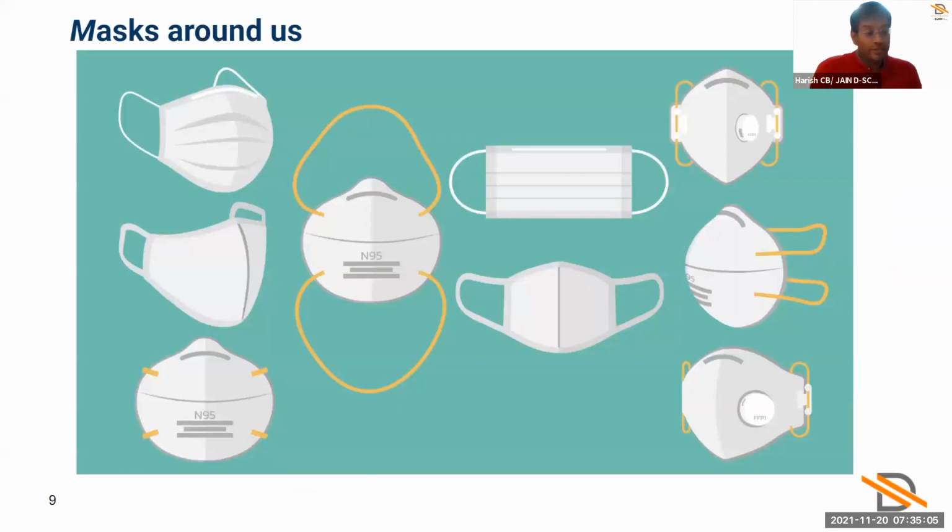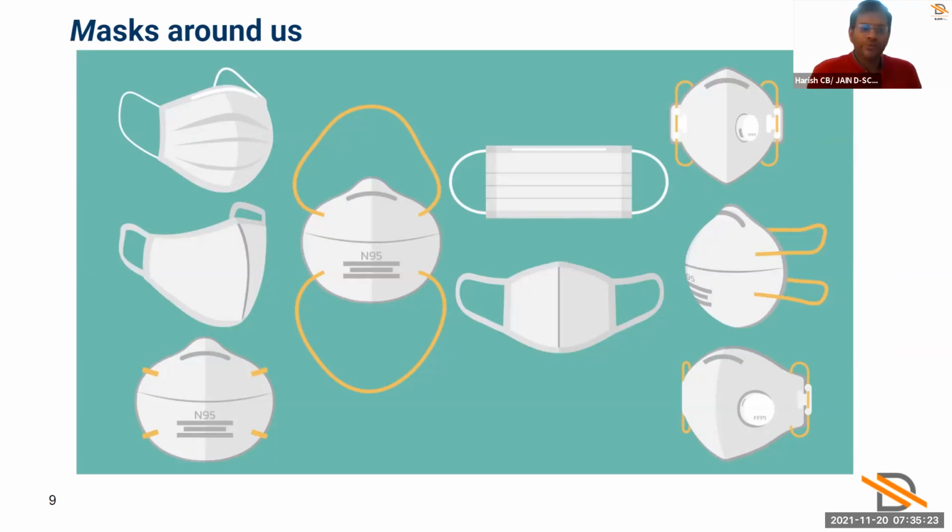And yes, even today, when you get out, the first thing that you want to have is the mask. You do not want to get out without a safety mask around you.